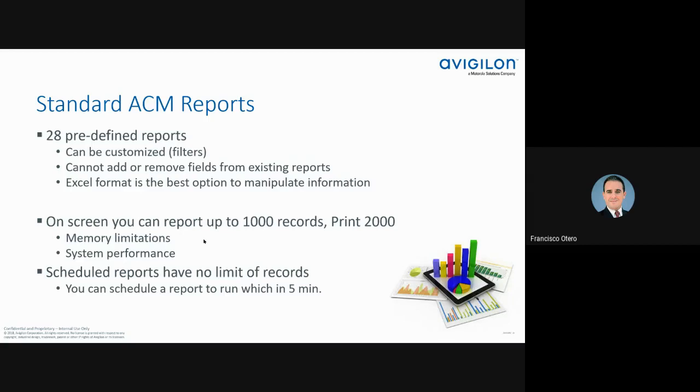Really, the limit, as I found out, depends on what tool you're using to display that report. And we'll take a look at that. And the scheduling is pretty simple, actually. You could configure this report and schedule it to run in the next 5 minutes. That's also possible. So you can do that and get that large amount of data in one of the reports. So let's go ahead and take a look at that.